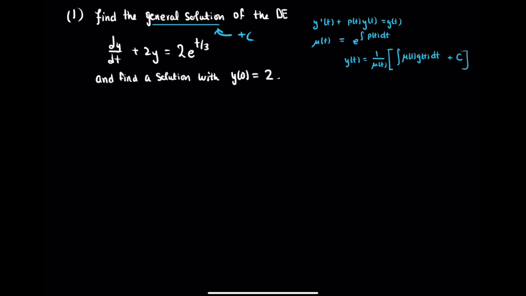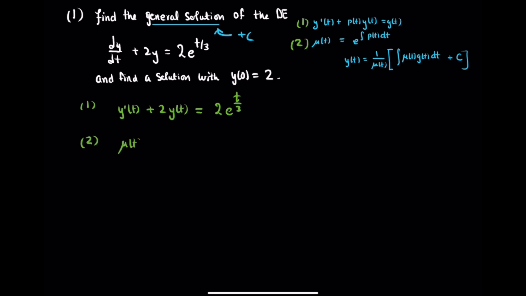So first thing we need to do is we need to bring it into this form. All right, so y'(t), so dy/dt is just y'(t) + 2y, and again y with respect to t, = 2e^(t/3). Okay, so now first thing we got to do, we did that, and now second thing we got to find the integrating factor. So let's find the integrating factor.